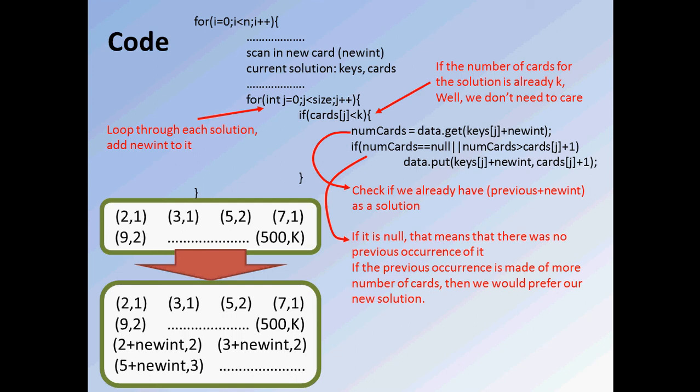If it already is repeated, then what we want to do is only store the value if the number of cards for our new solution is smaller than the old solution. If it meets the criteria, then we add this new solution inside.